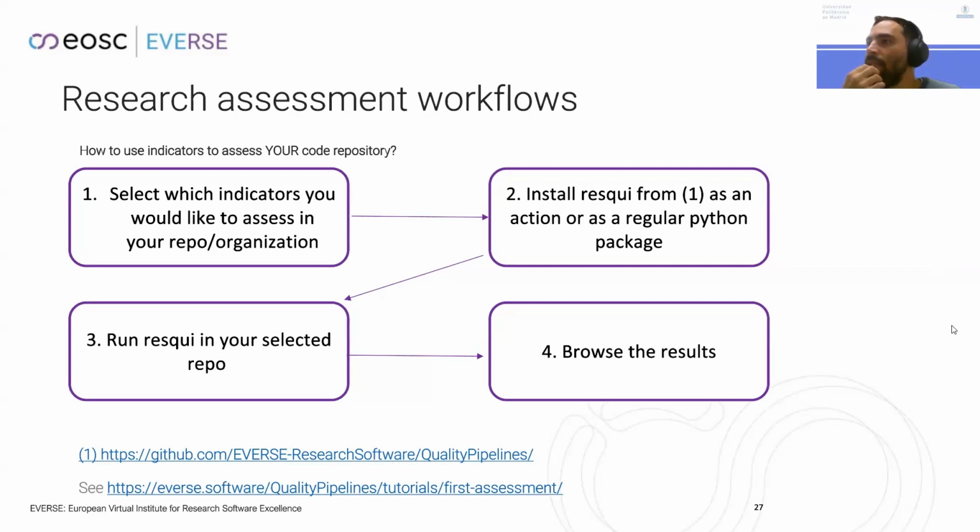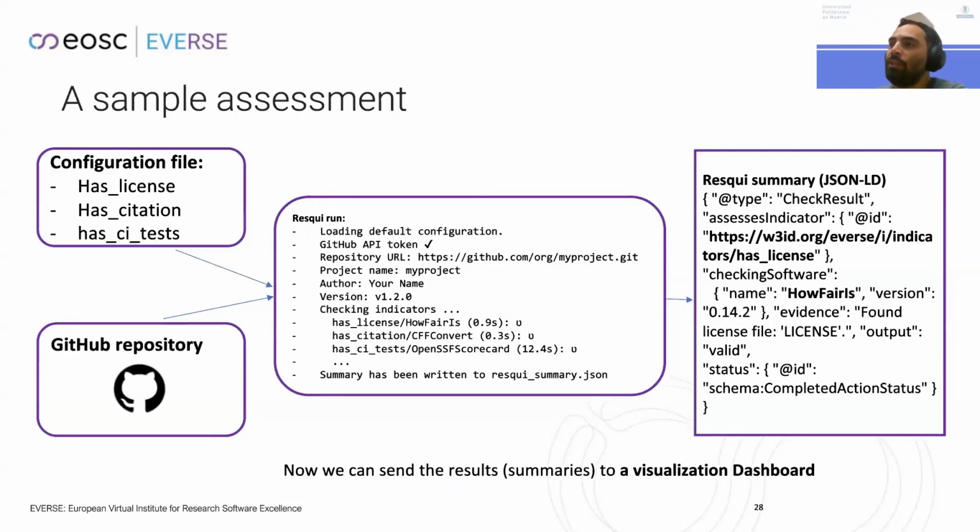Next slide, please. I wanted to illustrate here how this would look in practice, right? In practice, you set up the indicators you want to run in a configuration file. So for example, let's say that I think that having a license is crucial, that it's very important to have a citation and to have continuous integration tests as part of all the repositories in my organization.